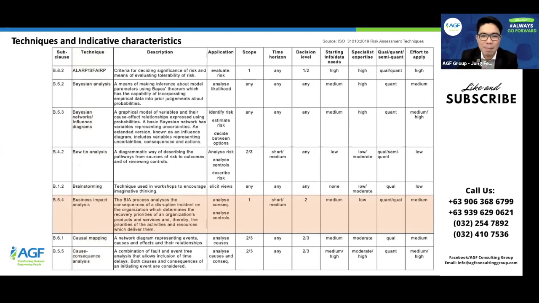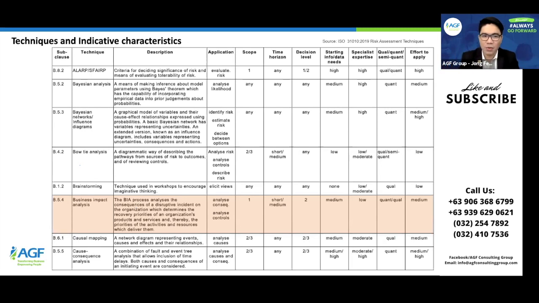Business impact analysis is used to analyze the consequences of a disruptive incident on the organization. Let me ask you this question. Earlier, we said that the different risk assessment tools have their unique application. Some can be used for a specific process. Others can be used effectively at a departmental level, while some tools are used across the enterprise or the organization.